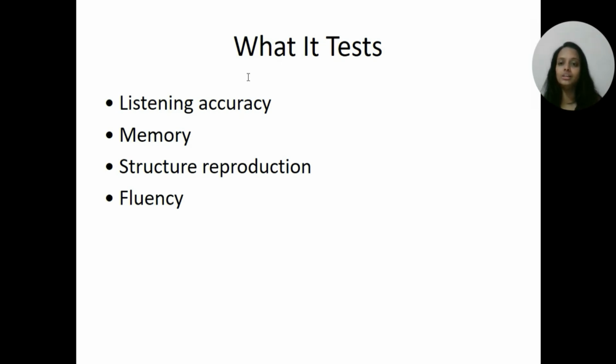So here the system checks for listening accuracy, short term memory, sentence structure reproduction, and then your fluency and pronunciation. But the real test is, can your brain capture meaning fast and reproduce the structure instantly or not? So that's your real test.